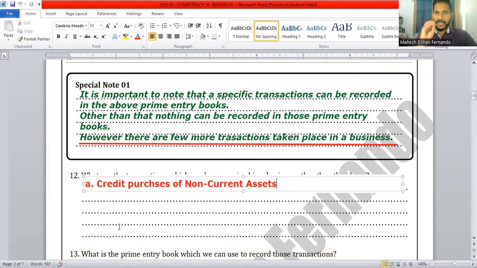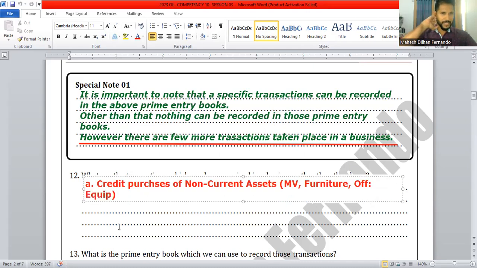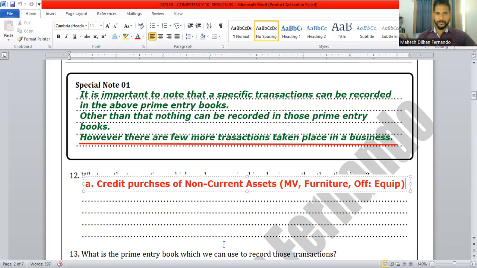It is credit purchase of non-current assets. Examples: motor vehicle, credit purchase of a motor vehicle. Credit purchase of furniture. Credit purchase of office equipment. So these items are recorded in the general journal.